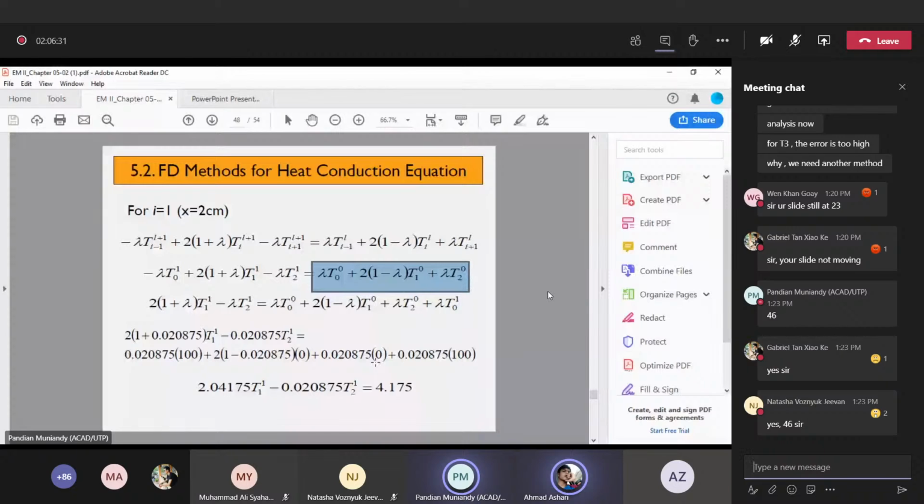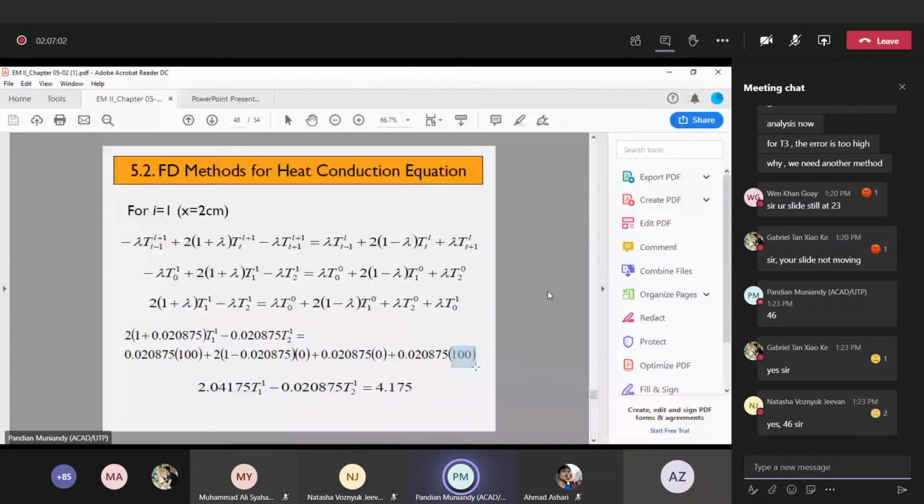This one is not 0. This is 100 class. Why? Because at x0, this is 100. Take note, yeah? Superscript is 1 because at L0, this happened to be L plus 1. So this one is x0. That's why this is 100.